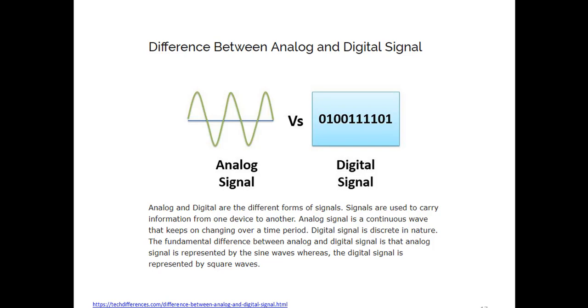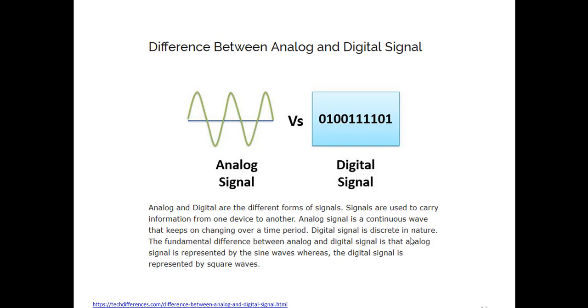So let's get started. There are two kinds of signals that you can send to the computer: analog and digital signals. Here you can see what the analog signal looks like and what the digital signal looks like. Analog and digital are different forms of signals. Signals are used to carry information from one device to another. An analog signal is a continuous wave that keeps on changing over time, like a voltage or current that you are getting from your instrument.